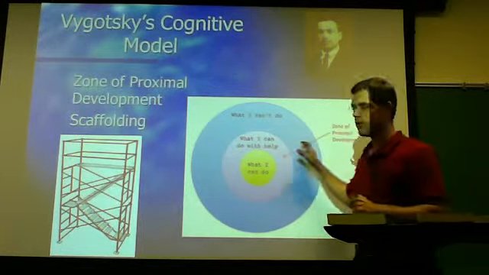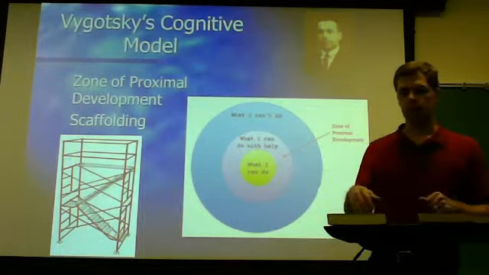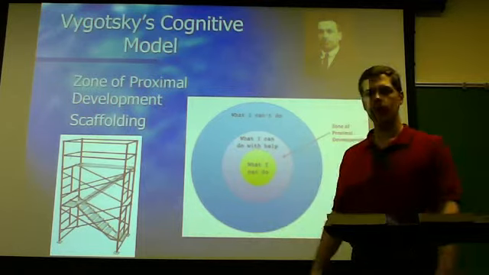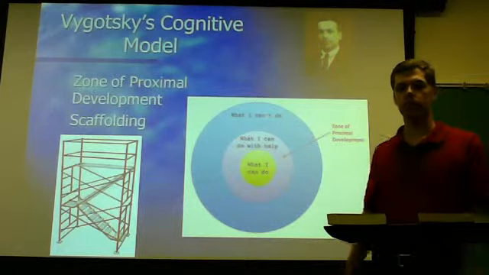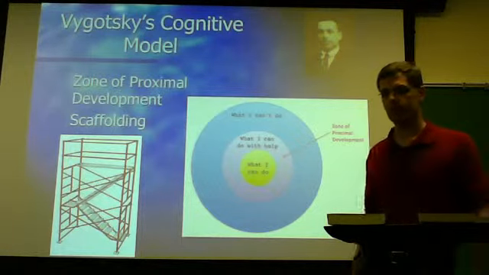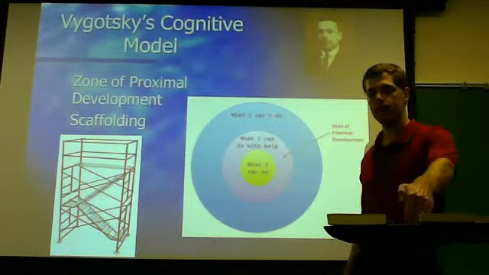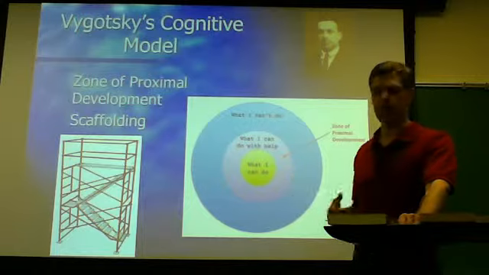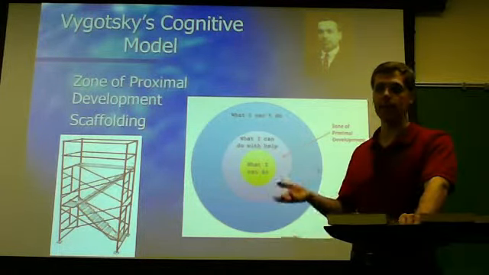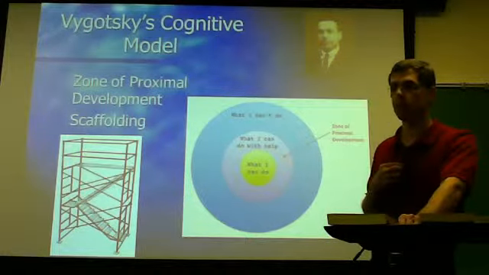So a family member, a friend, or another child could join the child in putting together this larger puzzle to help them accomplish it. They would learn how to do that from those interactions, and from that, they would be better able to put together a 700 or 800-piece puzzle by themselves.